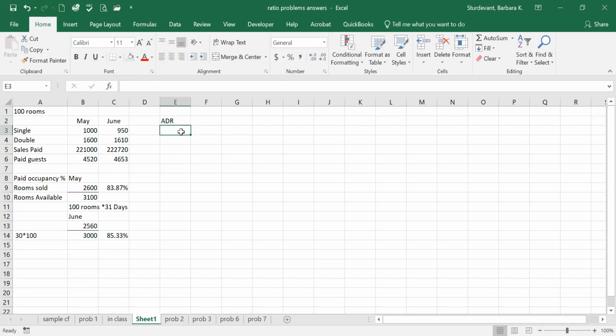So it's going to be sales on the top, and it's going to be rooms sold on the bottom. And so this is what I'm actually earning based on what I sold.